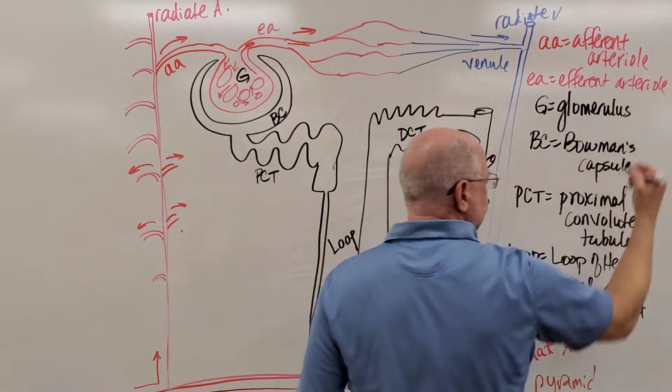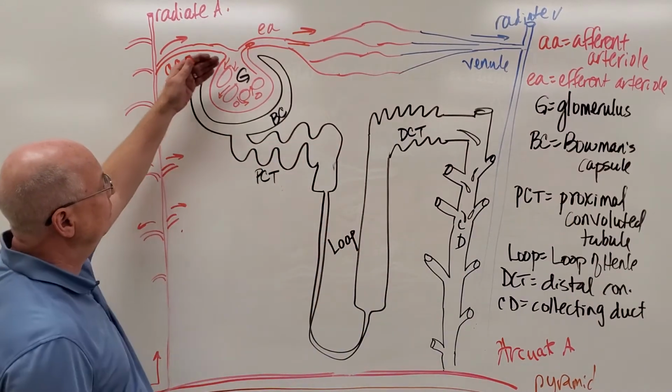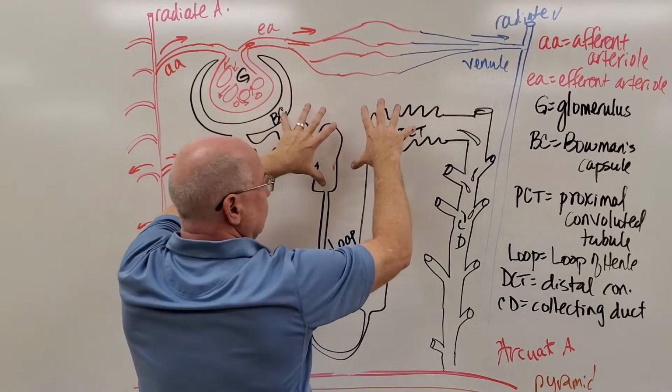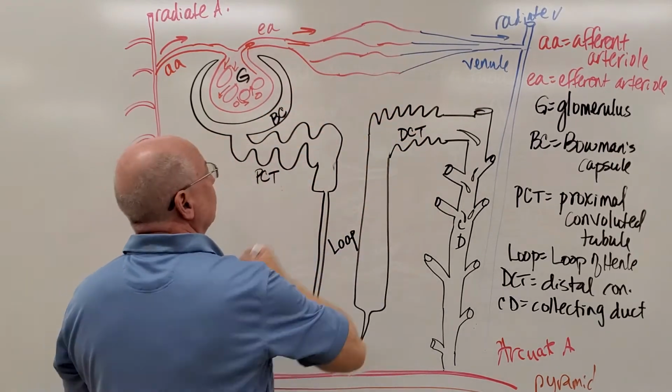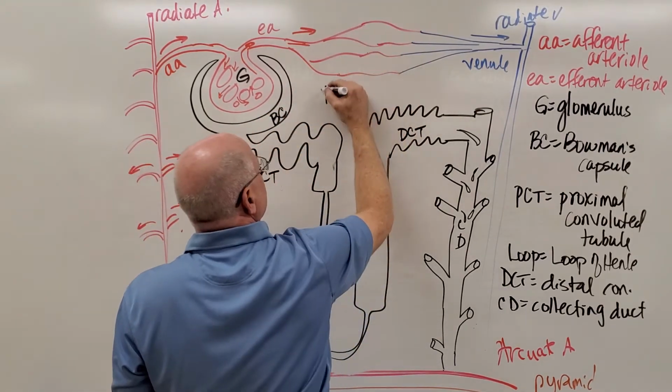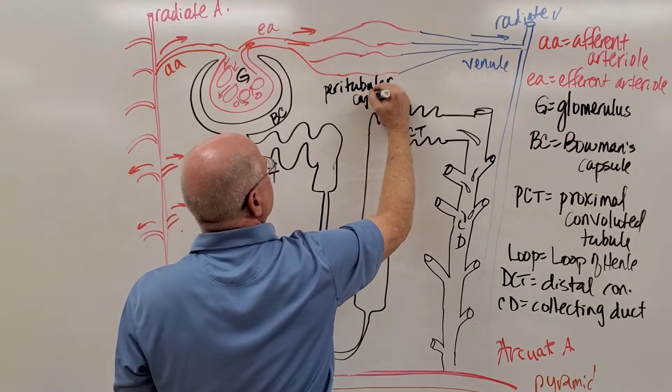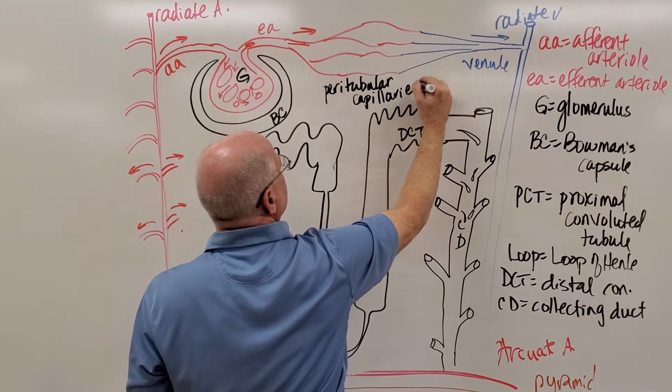And efferre means to carry away from. It's going to carry blood away from the glomerulus, and then this capillary bed would literally be sitting over the tubule. So this is called the peritubular capillary, or capillaries.